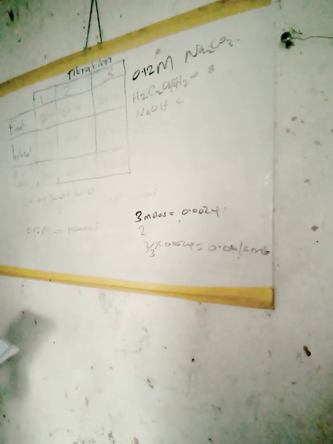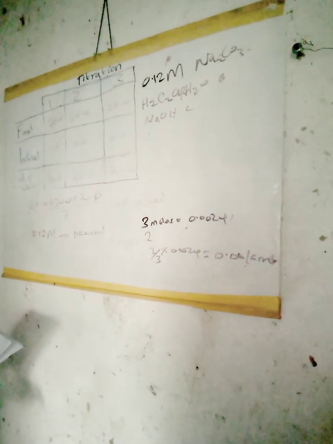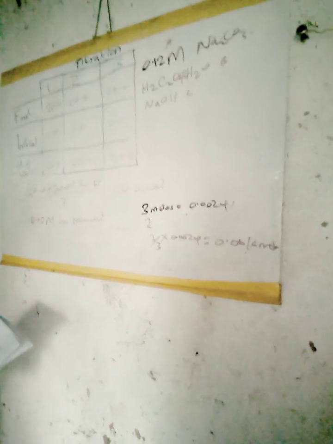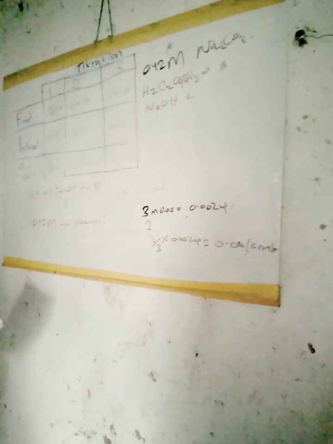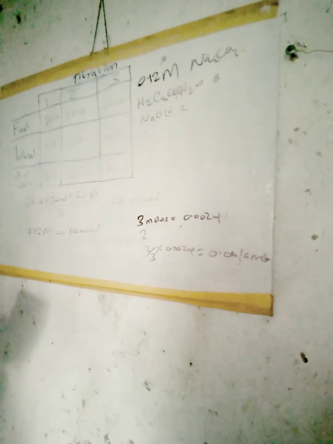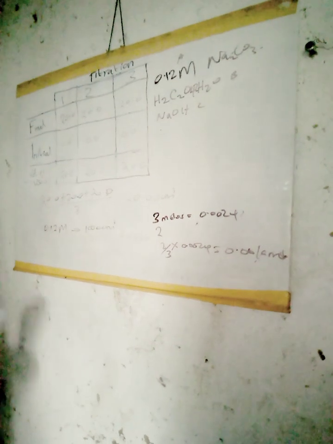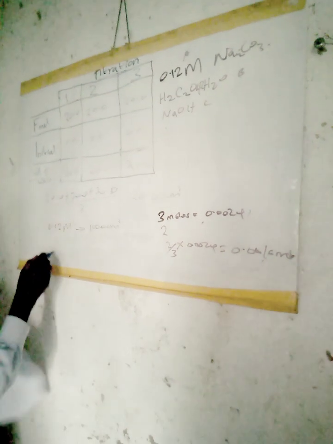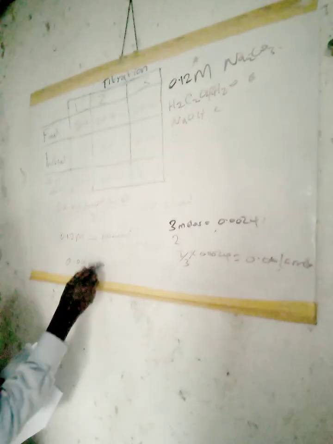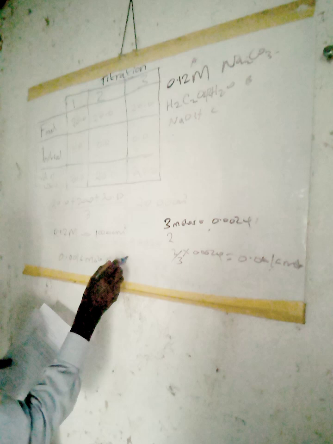Then you have question D here. Determine the number of moles of oxalic acid solution D in 250 centimeter cubed solution. Remember that you sucked, using our pipette, 25 centimeter cubed of solution D. So it means that 0.0016 moles is equivalent to 25 centimeter cubed.